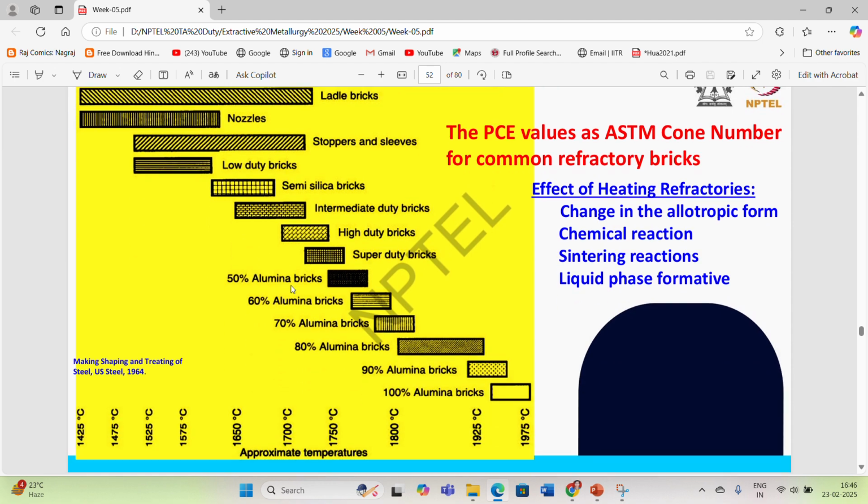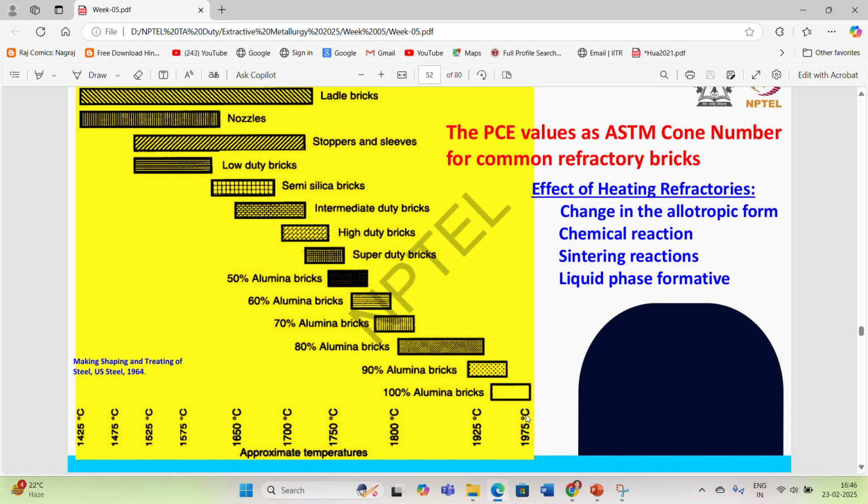As we increase the percentage of alumina in the refractive bricks, the sustaining temperature of those alumina bricks gets higher and higher. Like if we go with 50% alumina bricks, that can sustain a temperature of around 1650 degrees Celsius, while 100% alumina brick can sustain a temperature of around 2000 degrees Celsius.